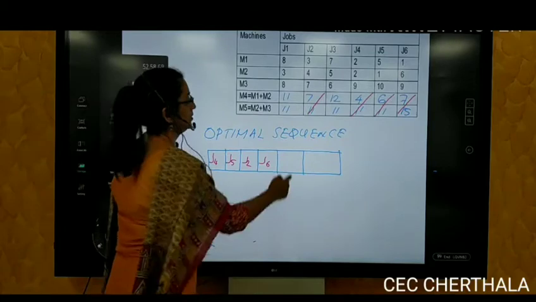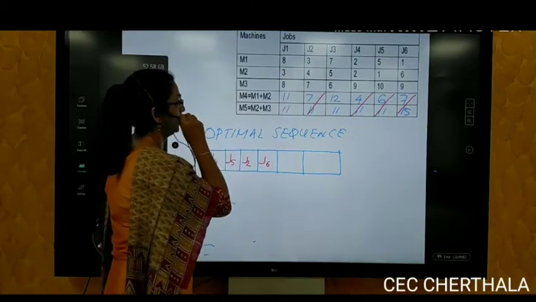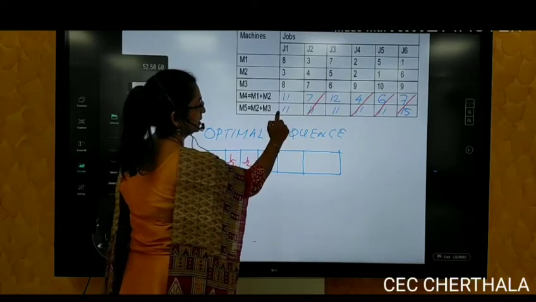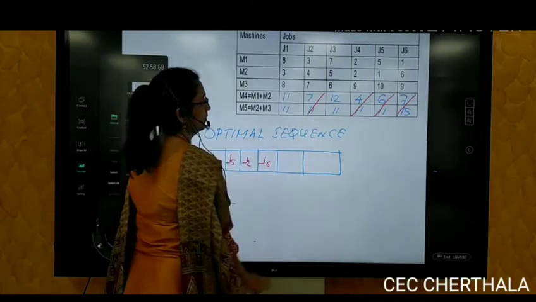Then the smallest number is 11. One 11 is in the first row, the second 11 lies in the second row.